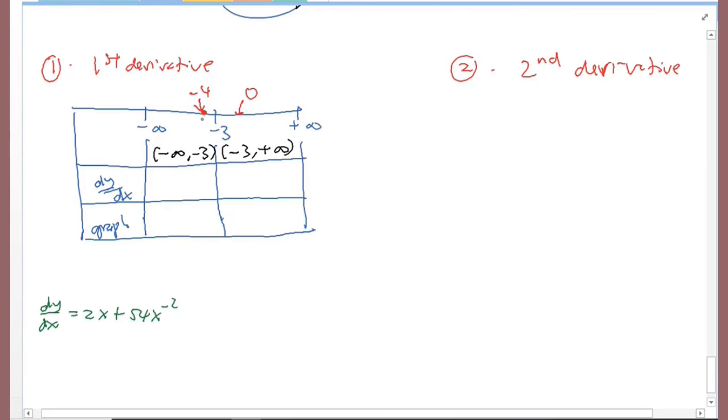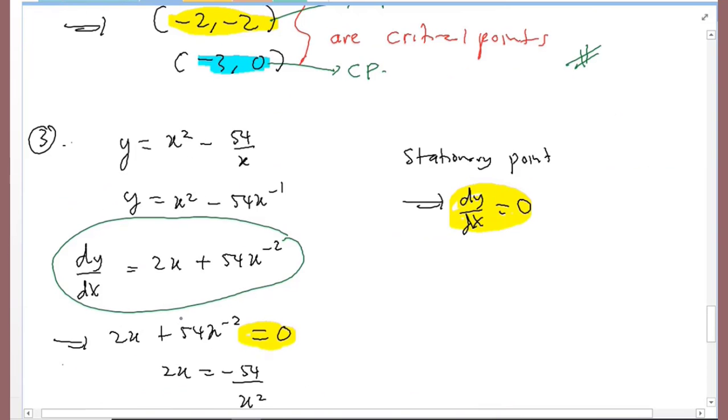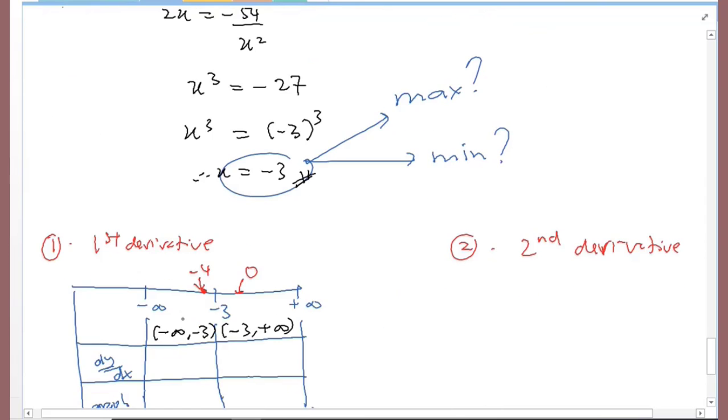Take negative 4 and substitute. Feeling sad, but never mind, just go.